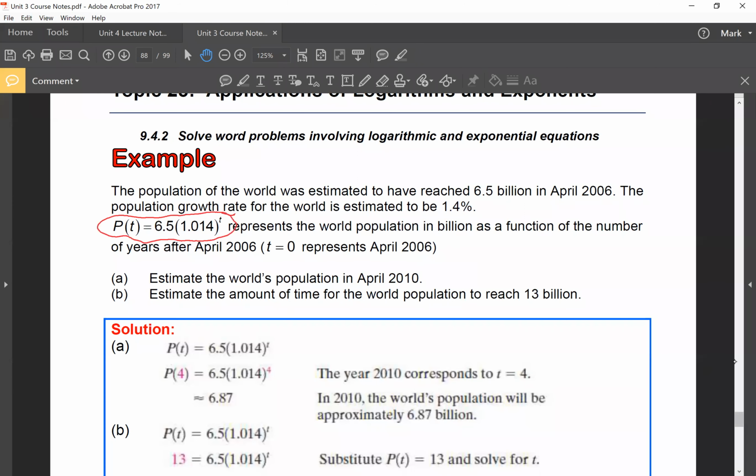The population of the world was estimated to have reached 6.5 billion in April 2006. Oh, this is an old question. The population growth rate for the world is about 1.4%.